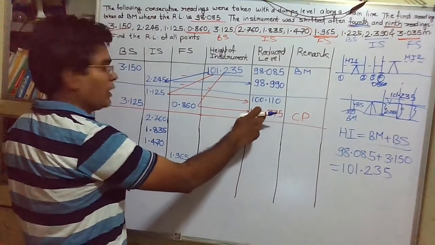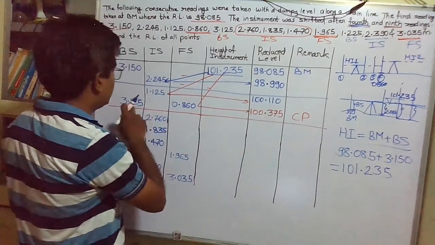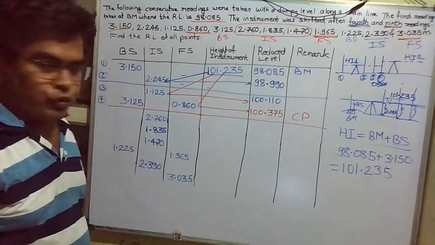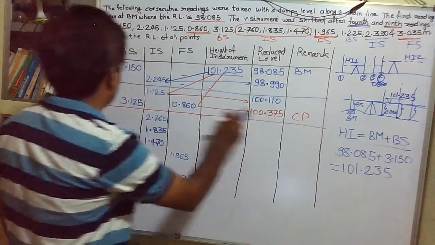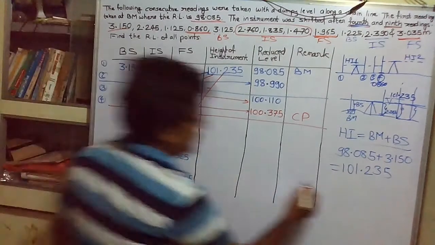100.375 plus 3.125. So our new HI is 100.375 plus backsight.